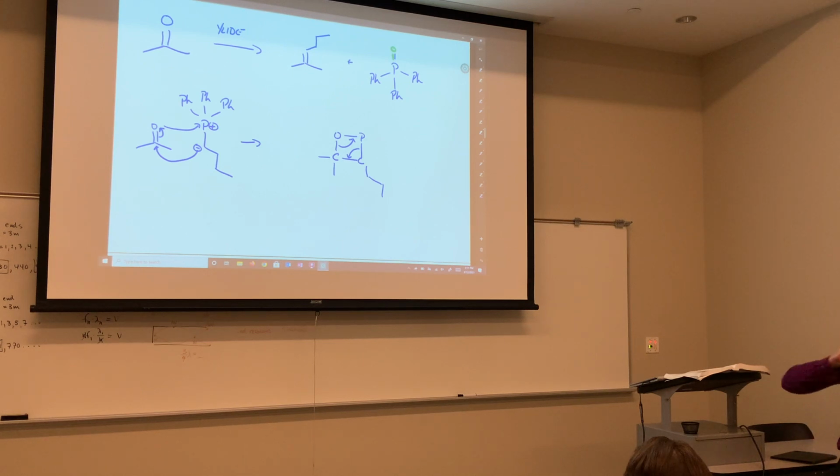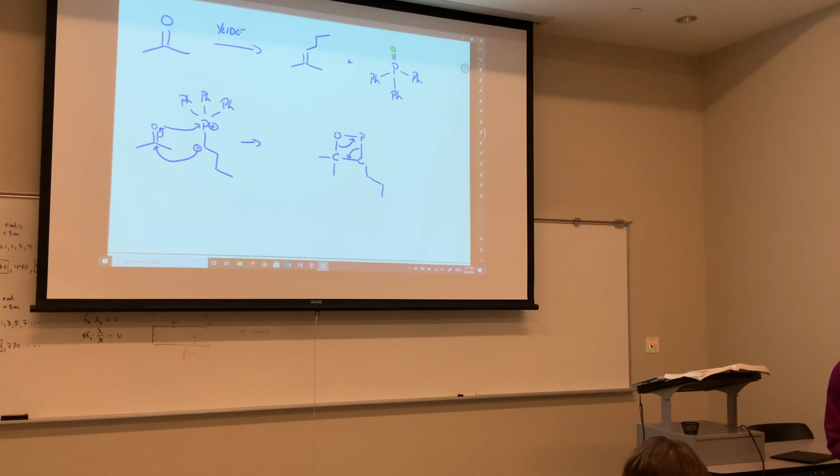But this reaction proceeds very cleanly, very nicely, very easily. Why? What about phosphorus? It's weird. What bonds are stronger than carbon-carbon double bonds? Phosphorus-oxygen.